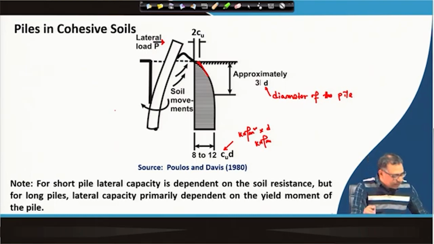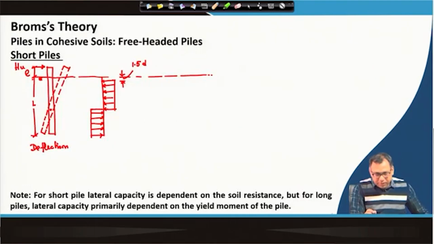As expected, above the point of rotation the resistance will act from right to left, and below the point of rotation it will act from left to right.